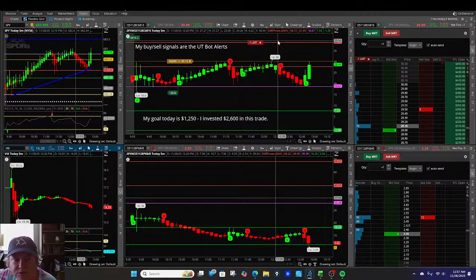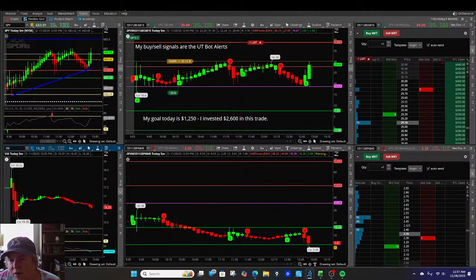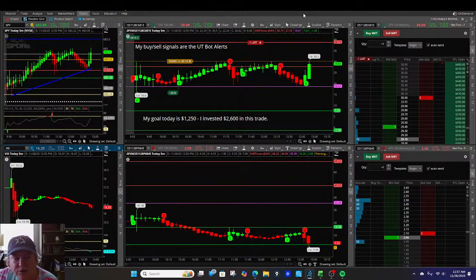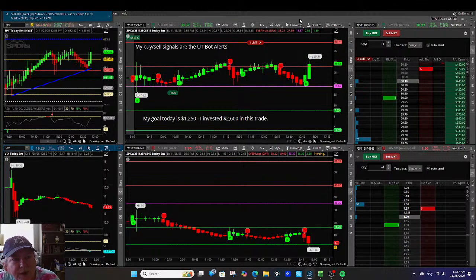Anything that is just a round number, or numbers that end in 25 or 50 or 75, those are very important. Here we have the mark is above 3010.